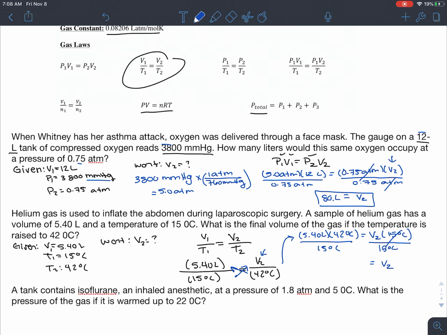And then you'll get your second volume. So 5.40 times 42 divided by 15, which should be, just checking my work, 5.4 times 42 divided by 15 gives you 15.12, and you want 2 sig figs, so 15 liters.